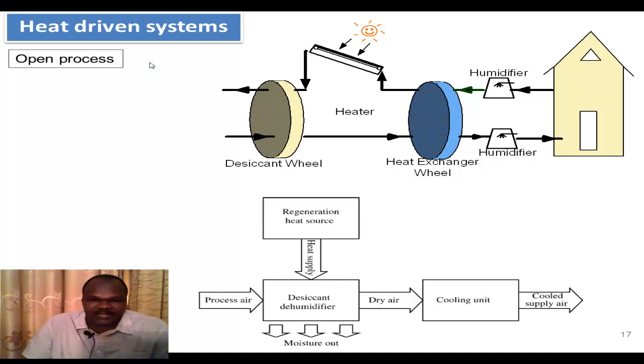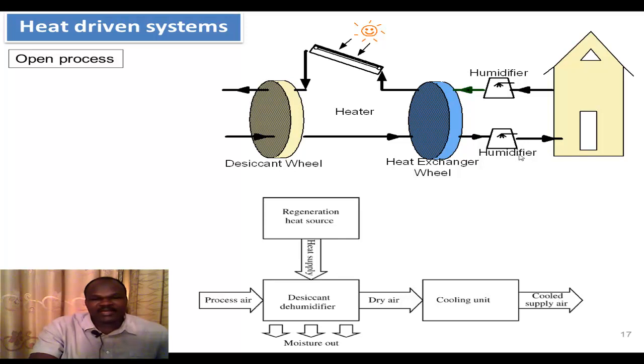A DEC system works fine, especially in climates where you have a little bit of relative humidity in the air. It will not work in dry climates because the air is already dry. You don't need this wheel here.